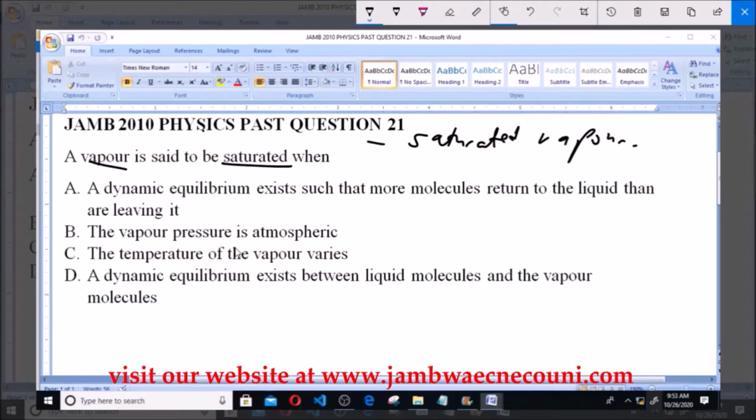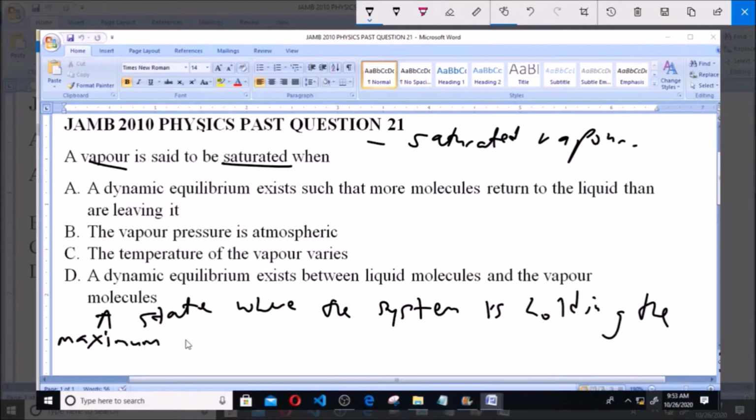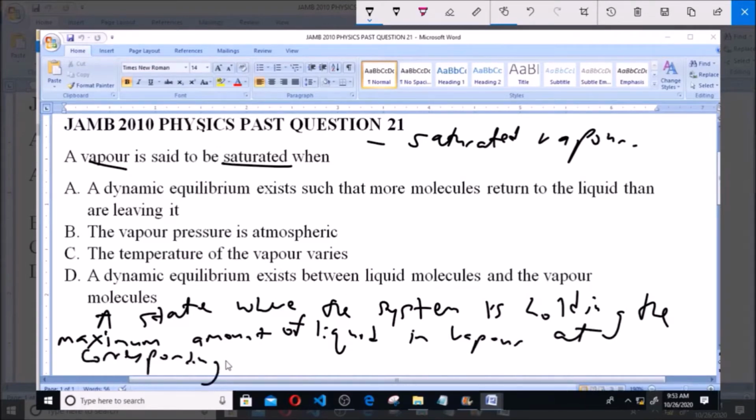A saturated vapor refers to a state where the gaseous system is holding the maximum amount of liquid in vapor at the corresponding temperature and pressure.